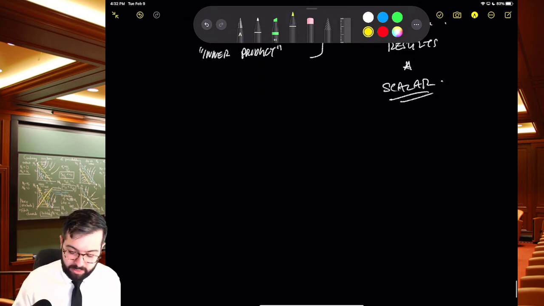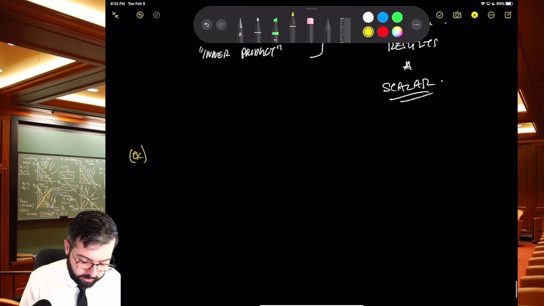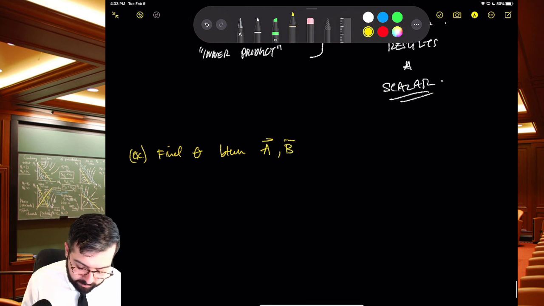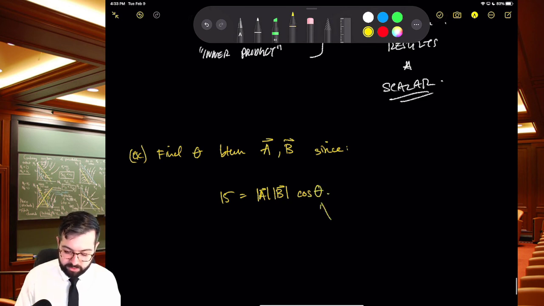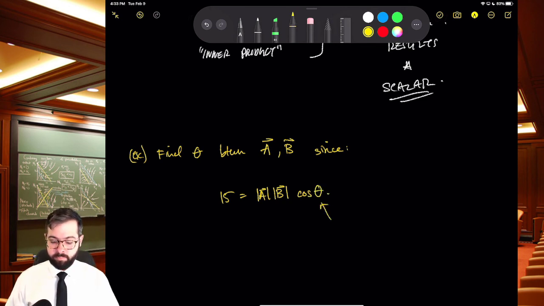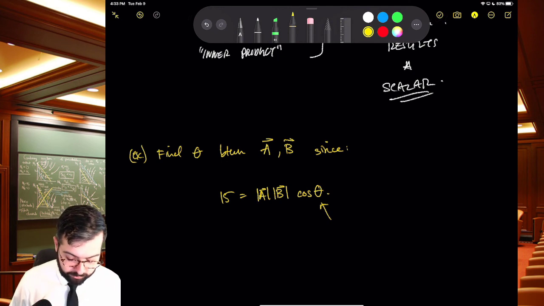I'm going to leave that to you guys to do. So say find theta between A and B for this above. And you're showing really that 15 is equal to magnitude of A, which you can find, magnitude of B, which you can find, cos theta. Go ahead and solve for that angle between the two vectors.